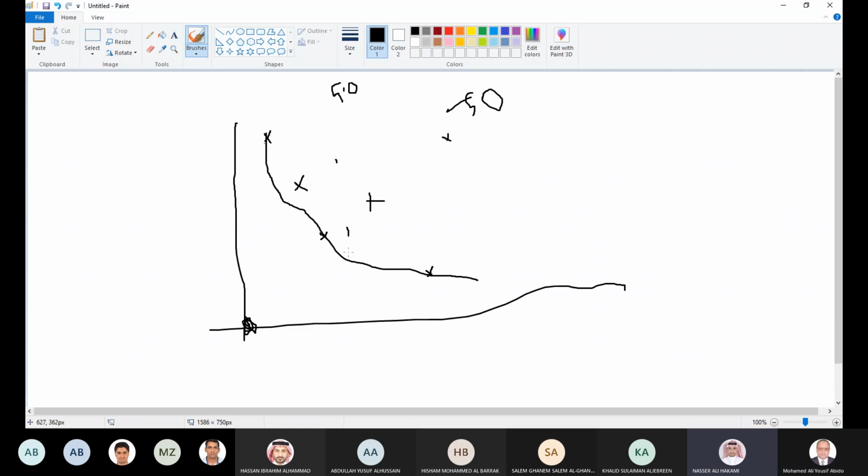Rather than going by ranking from the beginning, I am moving all the points. So it is somewhere between goal programming and the genetic algorithm.